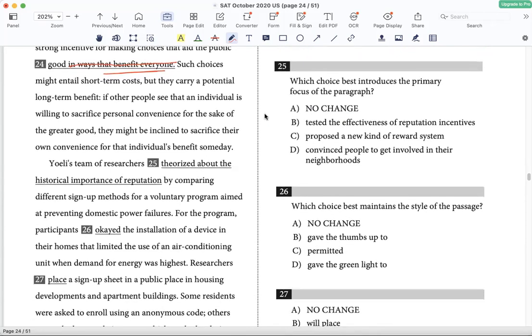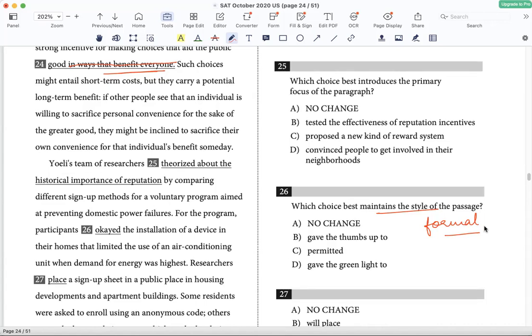For the program, participants okayed the installation of a device in their homes that limited the use of an air conditioning unit when demand for energy was highest. So this question expects you to maintain the style of the passage, and your style should always be formal because you are expected to read this passage in a magazine or a published work.